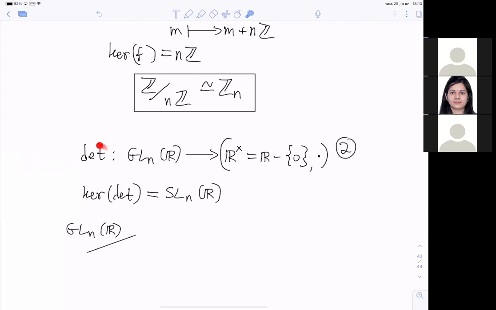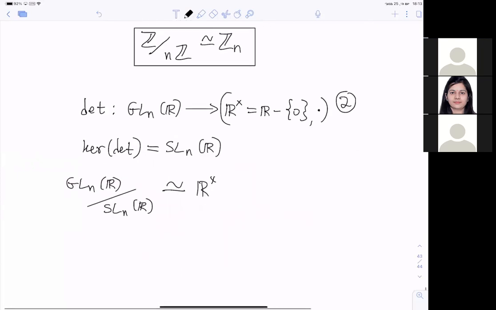If you have a homomorphism and this turns out to be the kernel, it must be a normal subgroup. So the whole group modulo its kernel is homomorphic to R star.